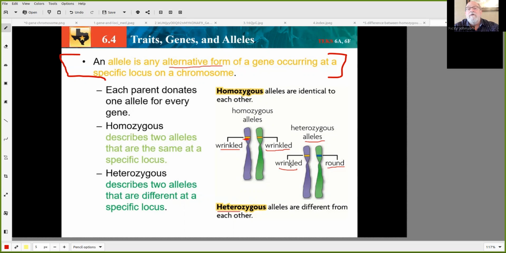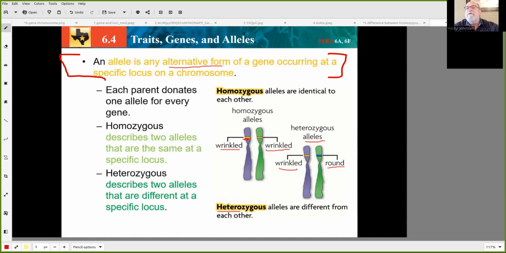You have to know, okay, we're talking about the shape of peas here, and there's a gene that controls that. And there will be different alleles, like a wrinkled allele and a round allele. And depending on the combination you get will determine the nature of the peas. They'll either be wrinkled, round, or some mixture. We don't know unless we know more about those traits.